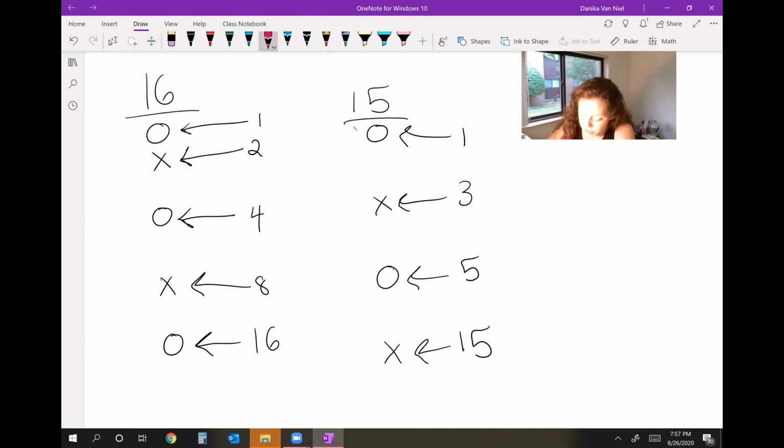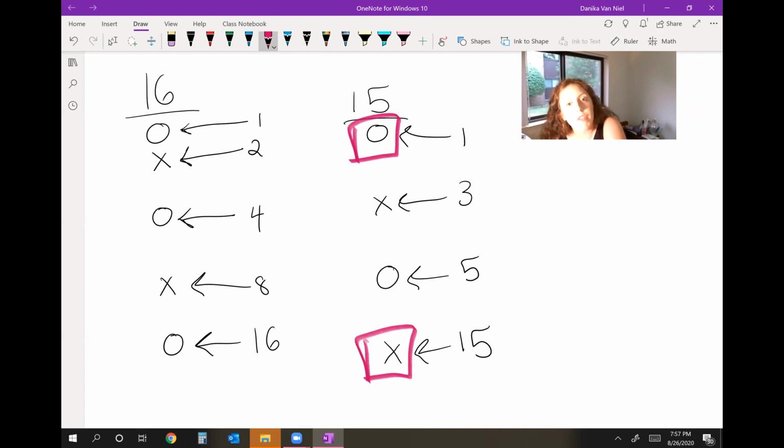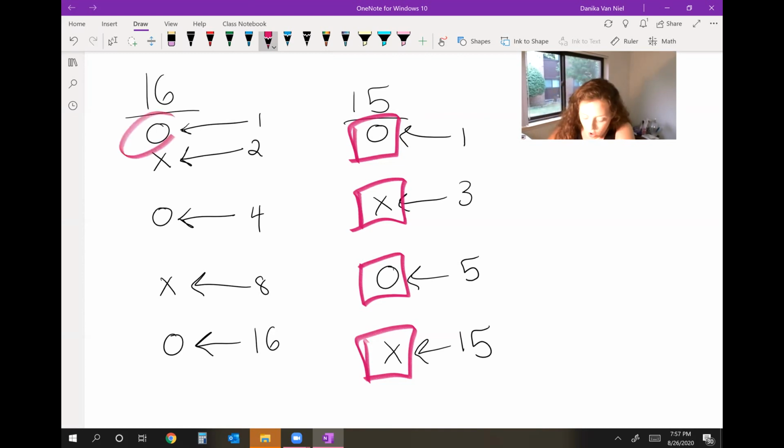So this one we do have some cancellation within the multiples. So 1 times 15 is 15, and they cancel each other out. 3 times 5, they multiply to 15, and they cancel each other out. 1 is closed, 1 is open. But over here, 1 times 16, that's 16, but they don't cancel each other out. They're both open. Okay, and that's because of the magic of the number 4.